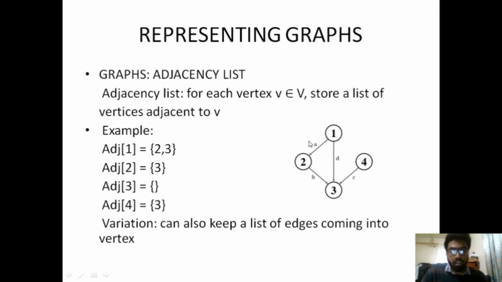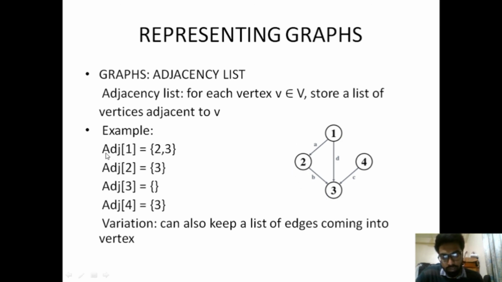In vertex 1 we can see there are 2 edges which are 1 to 2, 1 to 3. So the outgoing edges of vertex 1 are 2 and 3.